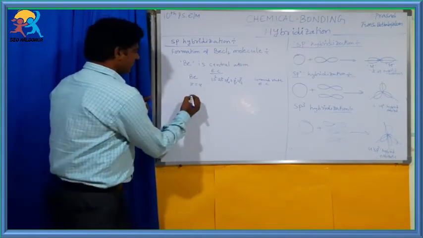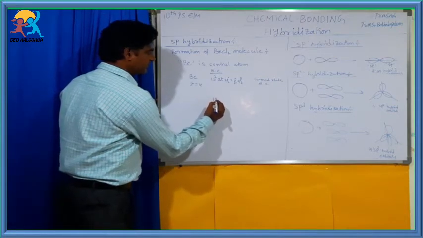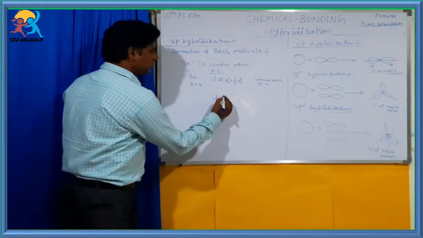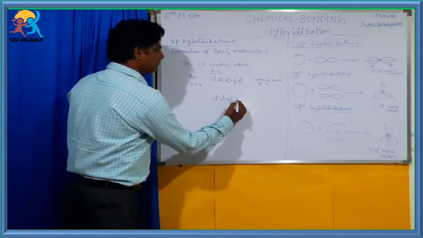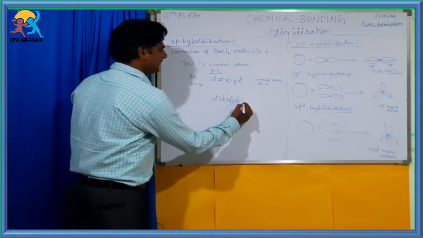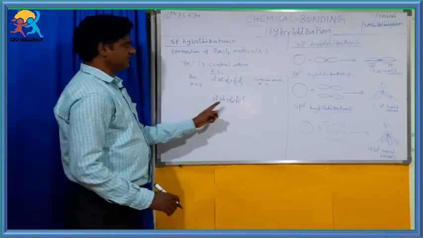One of the 2s electrons enters into the 2px orbital to get unpaired electrons. So what is the excited state electronic configuration? 1s2, 2s1, 2px1, 2py0 and 2pz0.